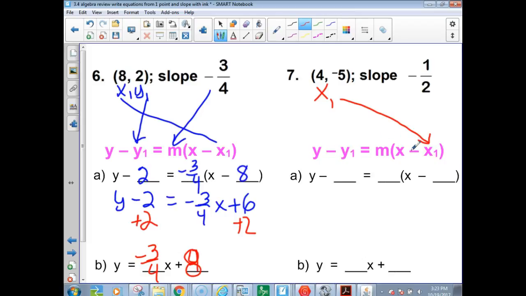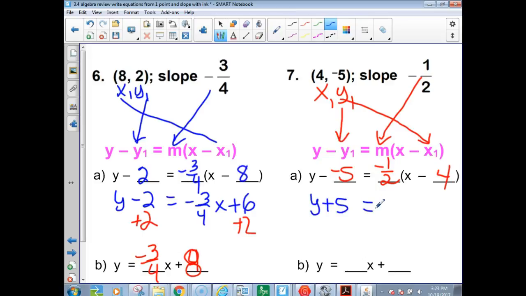Okay, so I'll put in 4 here. Negative 5 over here. And negative 1/2 goes there. So I'm going to write y plus 5 equals negative 1/2 times x, and negative times negative would be positive.